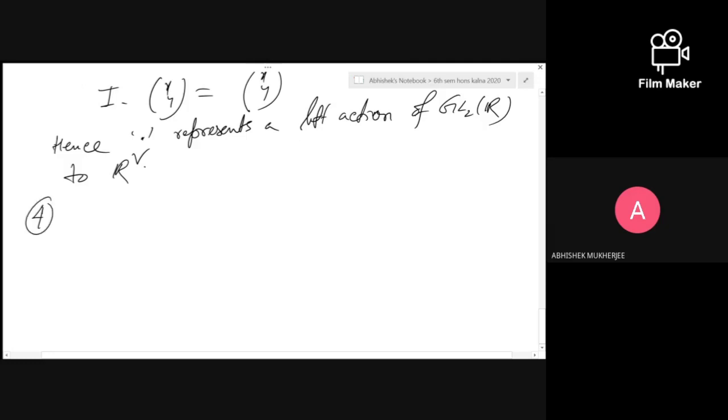Now, let us have a look at another example in general in a group.